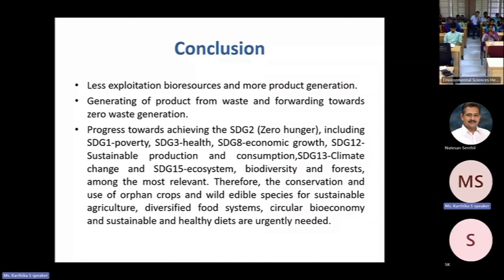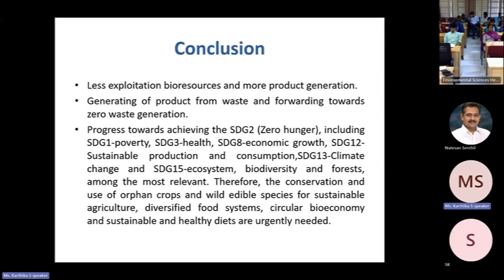Progress towards achieving SDG 2, zero hunger, including SDG 1, poverty, SDG 3, health, SDG 8, economic growth, SDG 12, sustainable production and consumption, SDG 13, climate change, and SDG 15, ecosystem, biodiversity, and forest, among the most relevant. So what we are addressing today is inclusive of most of the SDGs, Sustainable Development Goals, framed by the UN in 2015.